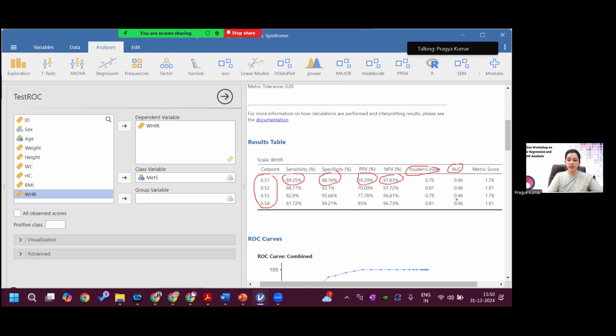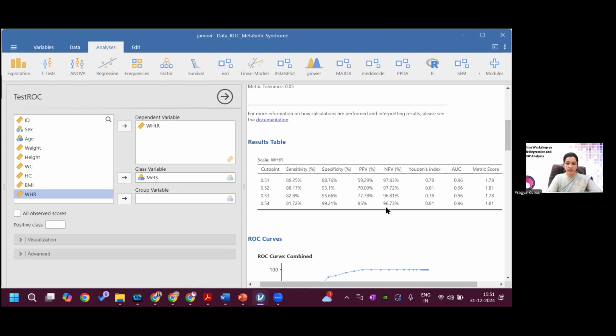If you see the discrimination, everyone is having the same AUC, 0.96. So on the basis of AUC, you cannot decide the cutoff. For deciding the cutoff, I will use this Youden index. But again, you will see there are 2 values which are showing the same Youden index, 0.52 and 0.54. In that case, you may go with checking the individual values. If you see the sensitivity, there's not much difference, but between 0.52 and 0.54, here the specificity is more, 0.99, and here the sensitivity is more.